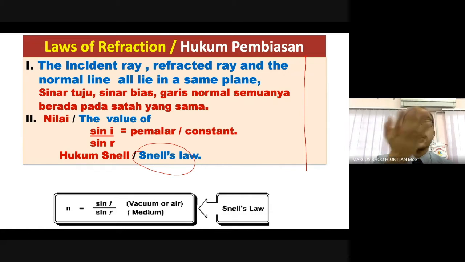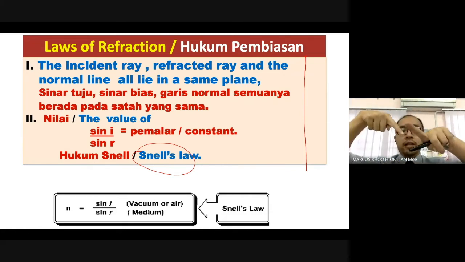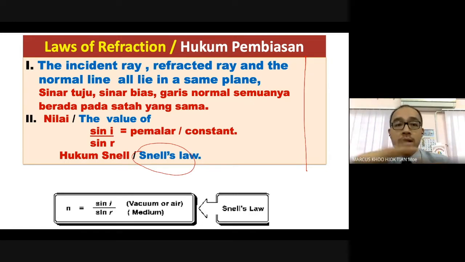This is law number one. There's an empty space underneath this Snell's law inside your workbook. I want you to copy this in the empty space over there. Same plane means they are all on the same surface. It's not that this is the incident ray, this is the refracted ray, and this is the normal line somewhere else. No, it's all on the paper.